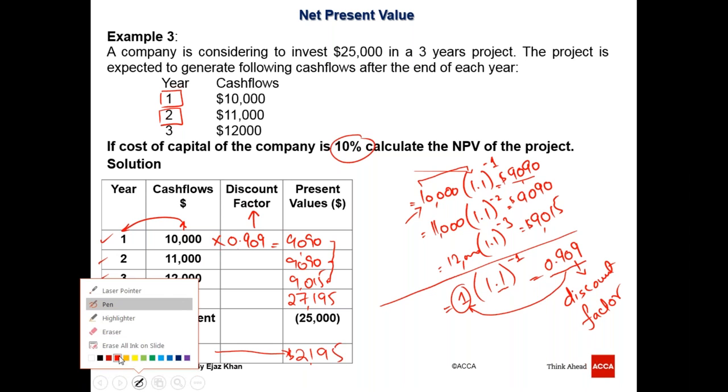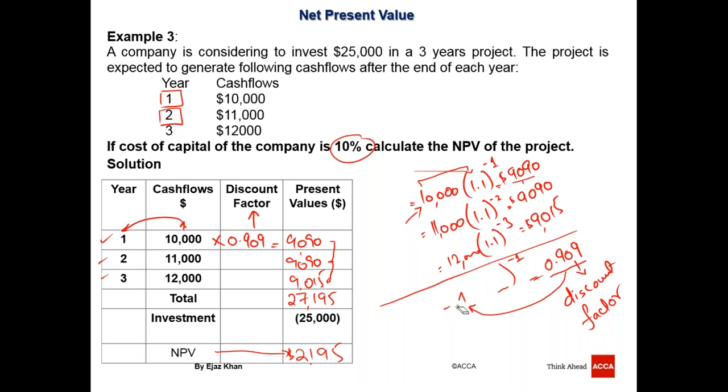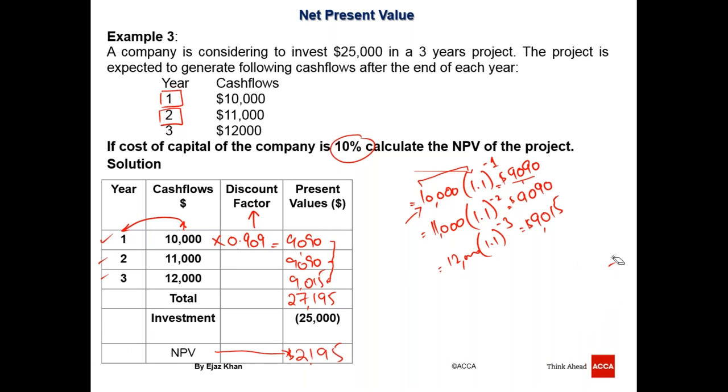Now let's see what should be invested for $1 that will be received in 2 years' time. If I ask you what should be invested today for $1 that will be received in 2 years' time from now, again we'll write 1 here. The rate of interest is the same, 10%, but the power in this case will be minus 2, as this $1 will be received in 2 years' time.